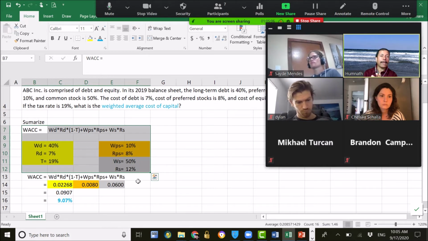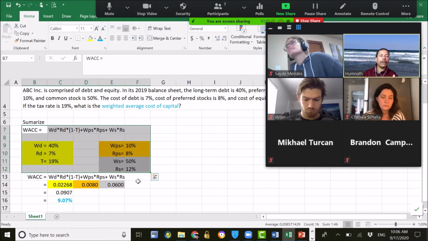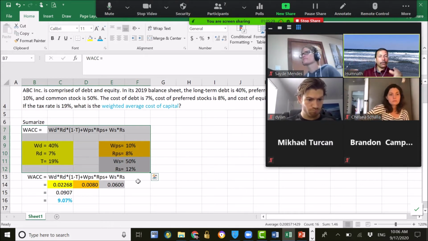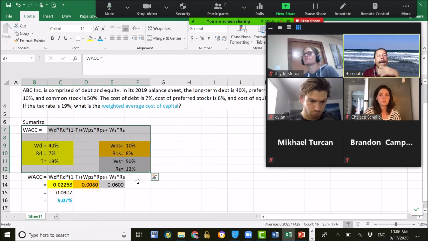So you might ask me, oh, how does a company pay cost of equity? This is how they're going to pay. It is in the price structure. The price of the company's stock actually is based on the cost of the equity, based on the risk. You can see when you use CAPM, the higher the beta, the higher the cost of equity. So cost of equity, you cannot see directly.